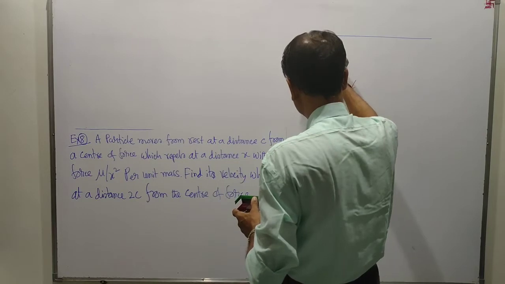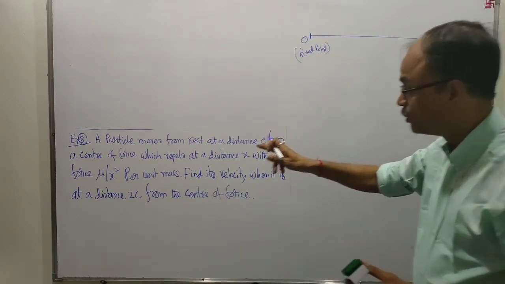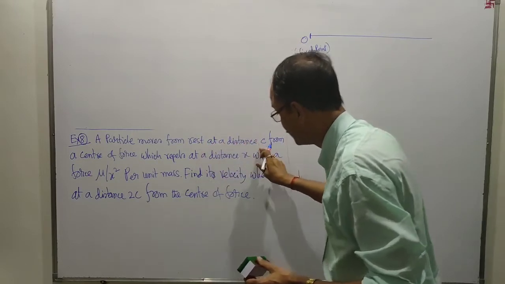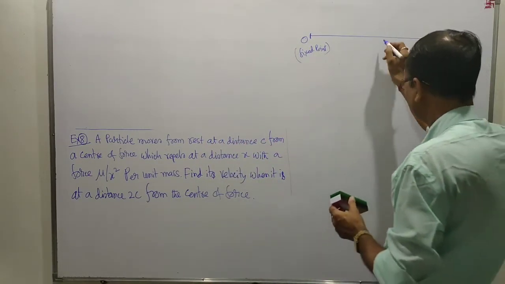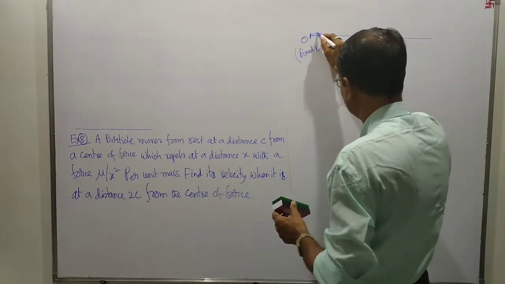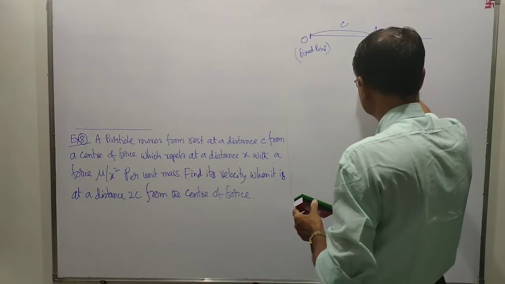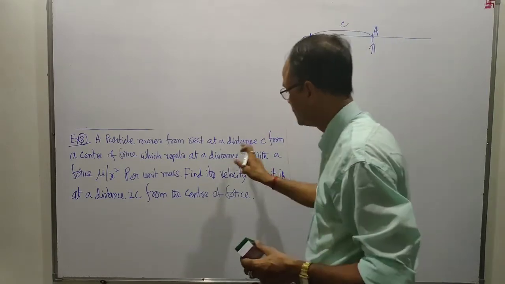I am writing here O is the fixed point. It moves from rest at a distance c from a fixed point. Suppose the particle starts from the point A, and its initial distance OA is equal to c. It is given.